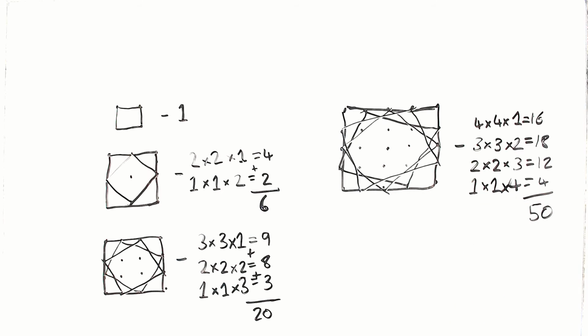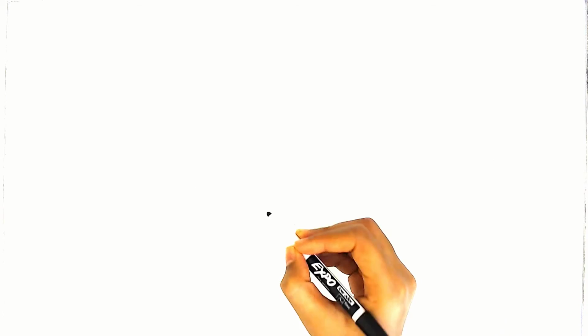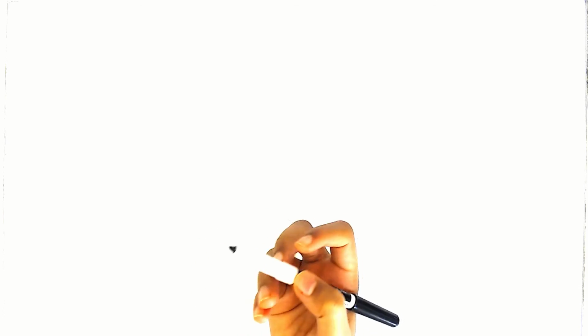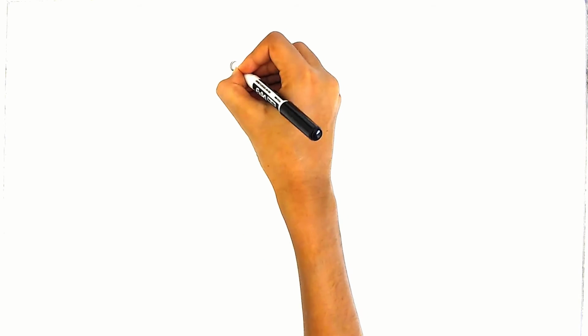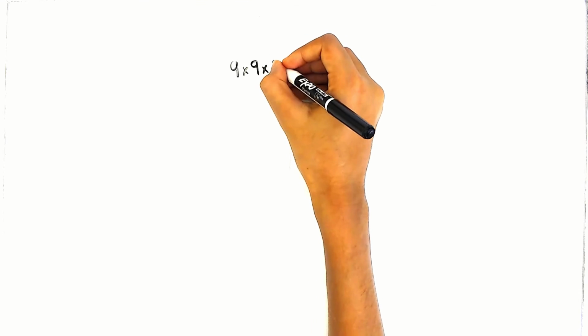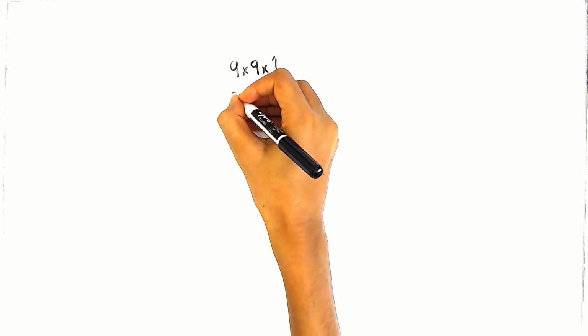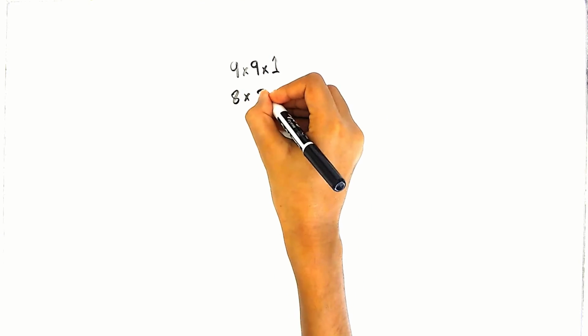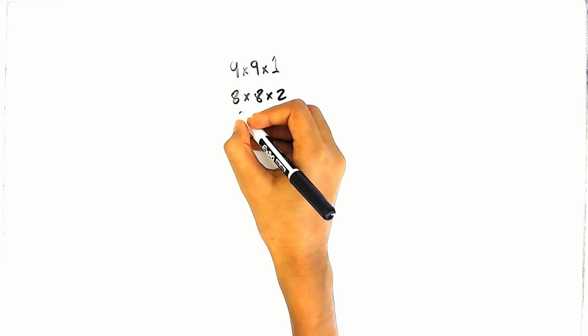So here, I'm going to erase the board, and now let's write all the equations for 10 by 10 dot squares. So for 10 by 10 dot squares, we're going to need to start with 9. So it would be 9 times 9 times 1, and 8 times 8 times 2.